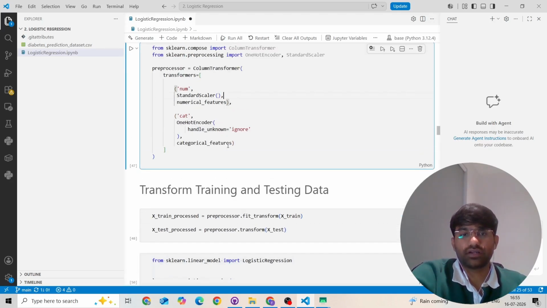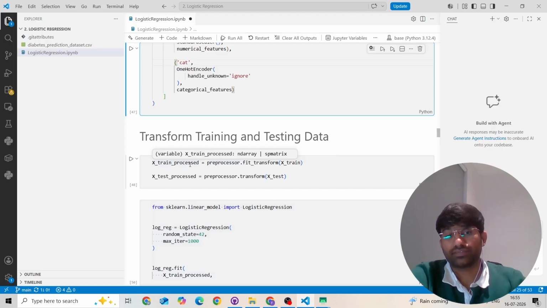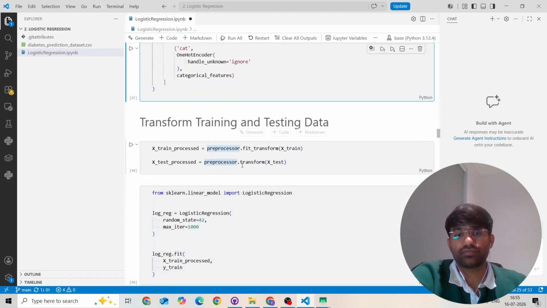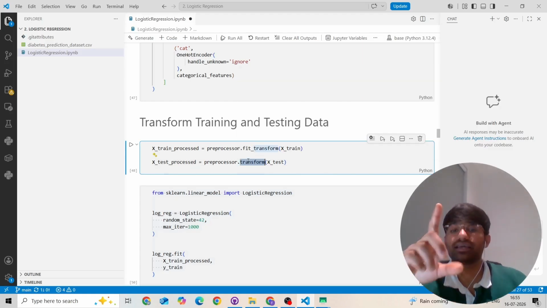After specifying this function, I have to apply it. I have applied it on X train processed, which is equal to preprocessor dot fit transform X train. Preprocessor is nothing but the function which I have created here. We have to do fit transform only on X train, and for test data we do only the transform, because we don't want data leakage.